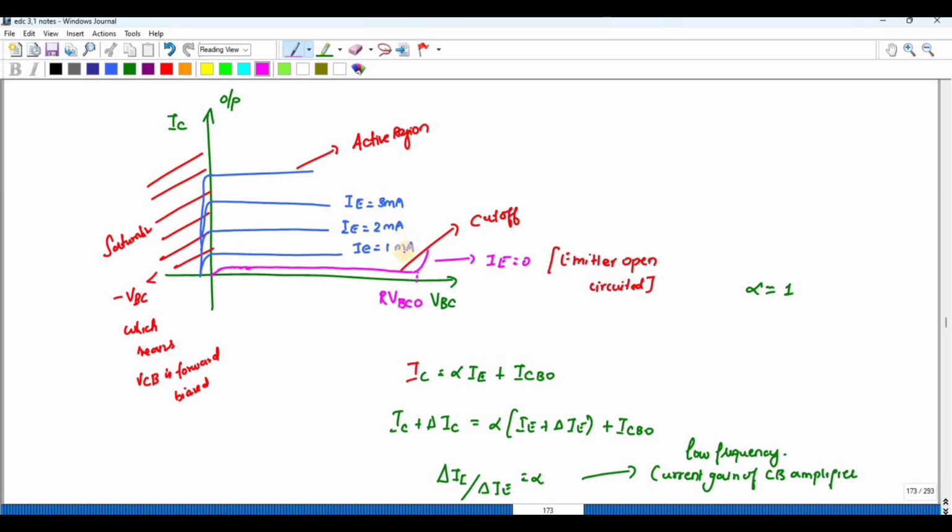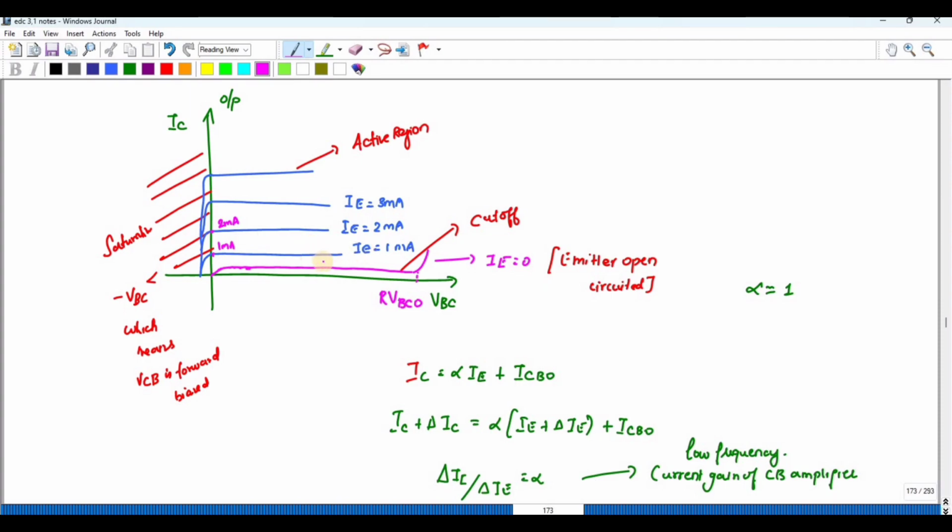If IE is 1 milliamp, IC is also 1 milliamp. If IE is 2 milliamps, IC is also 2 milliamps. This is irrespective of any change in VCB. IE is similar to IC.